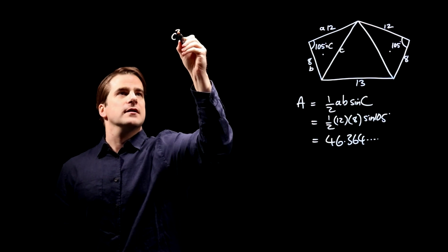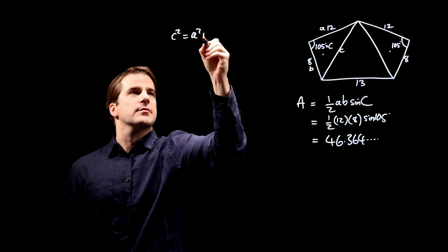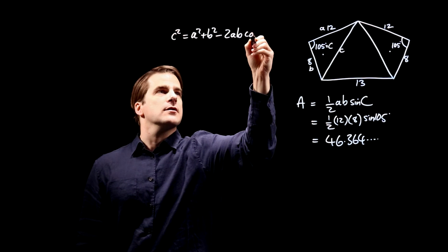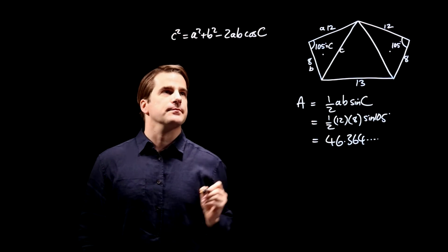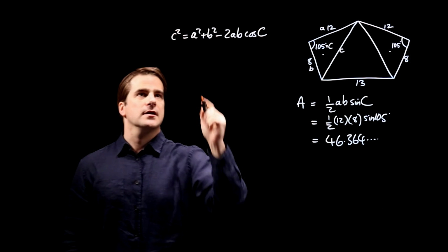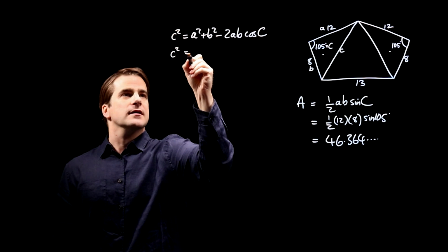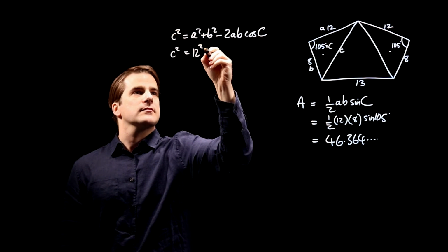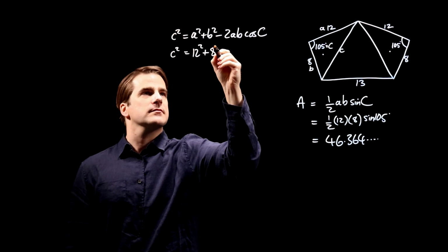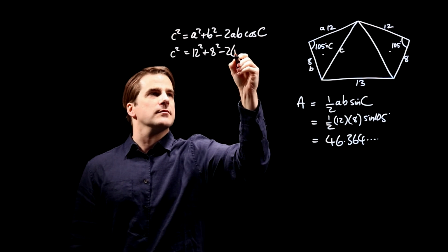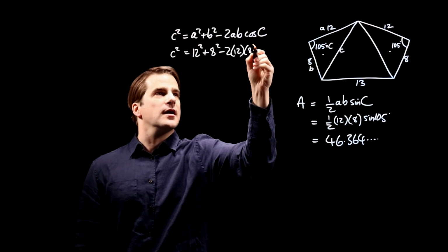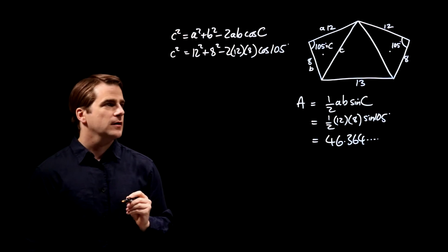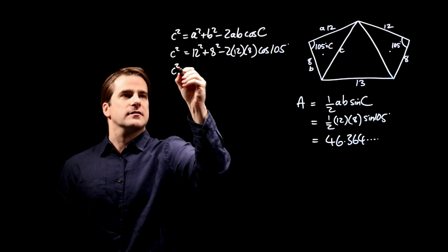So c squared is a squared plus b squared minus 2ab cos C. So c squared is 12 squared plus 8 squared minus 2 times 12 times 8 times cos 105. Great.